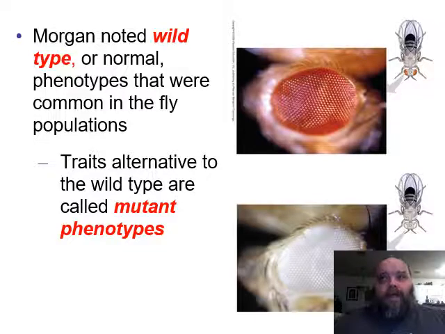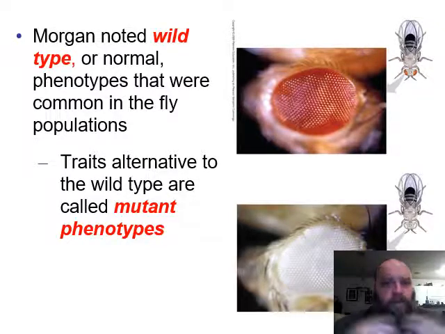Morgan's lab, his grad students, his undergrad workers, they were cataloging and characterizing the different traits that they could find in fruit flies. They found that there was some variability in different traits, what Mendel would call characters.